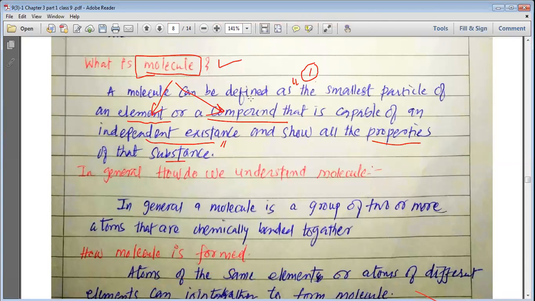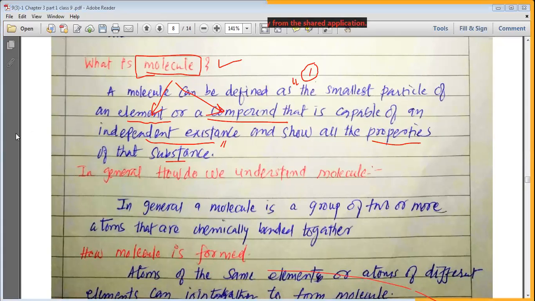Once again, let us revise so that you can understand it well, my dear students, and there will not be any doubt. What is a molecule?